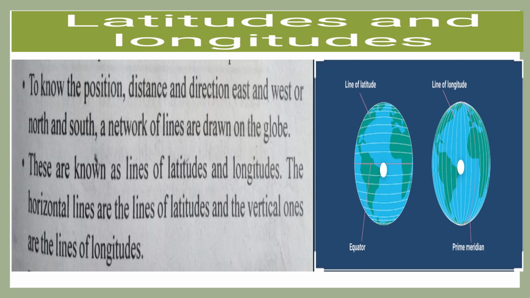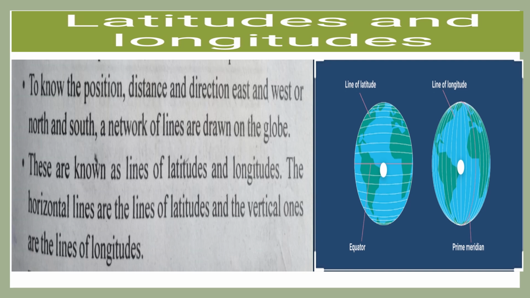To know the position, distance and direction, east and west or north and south, a network of lines is drawn on the globe, and these are known as the lines of latitudes and longitudes. The horizontal lines are the lines of latitudes and the vertical ones are the lines of longitudes.